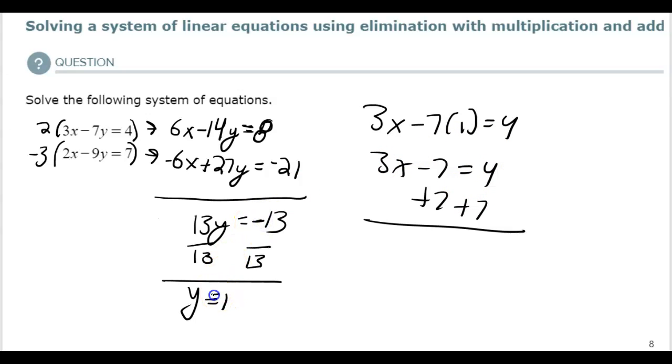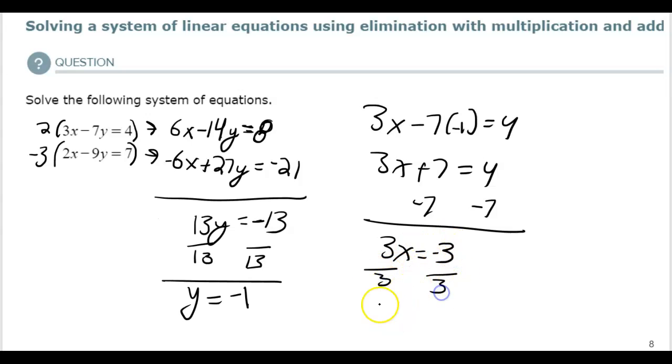We end up with -1, sorry, not +1. That's where we made a mistake. So my solution is -1, -1.